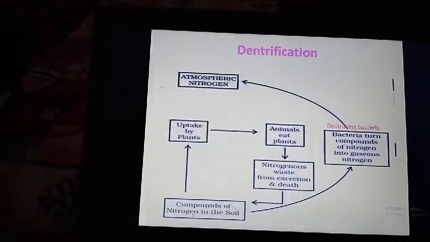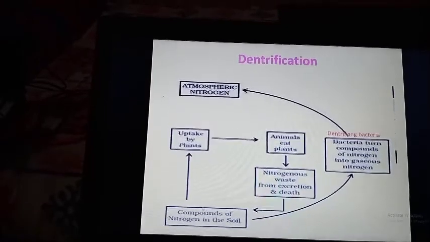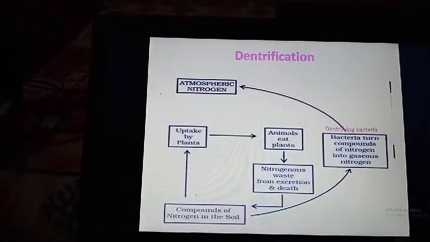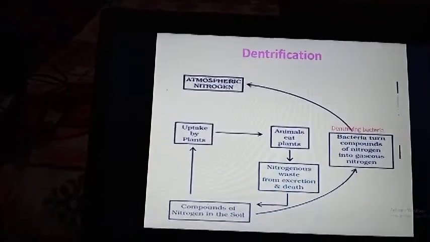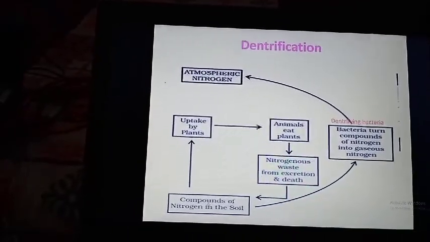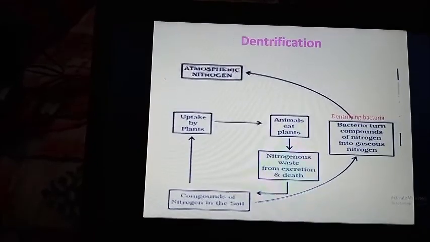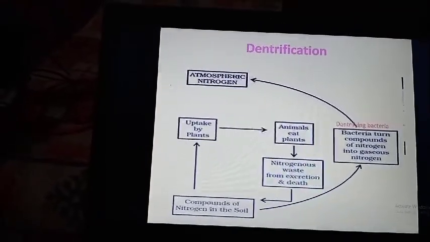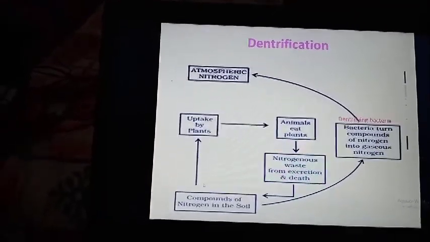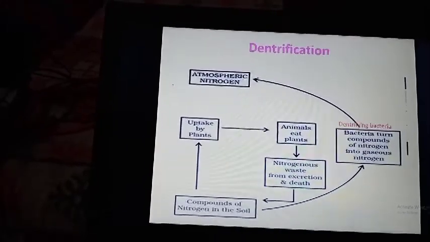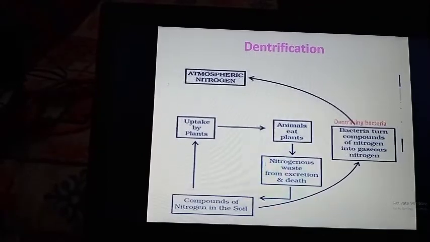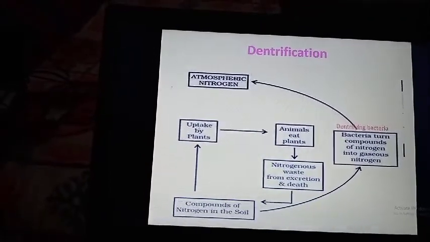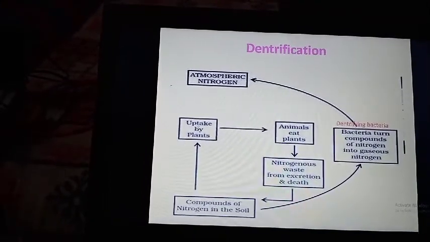In nitrogen fixing, we have seen the nitrogen from the atmosphere reach the soil. So the nitrogen forms nitrogenous compounds in the soil, and these nitrogenous compounds are absorbed by plants and converted into protein in the plant body.